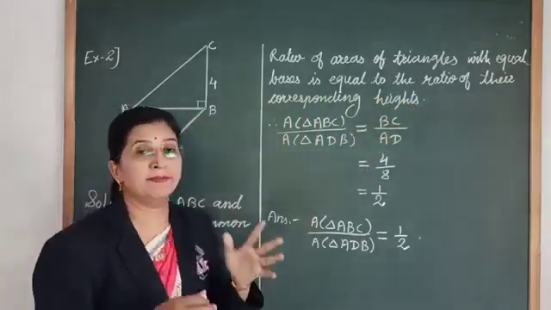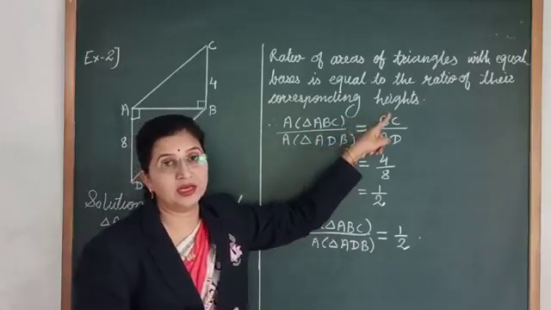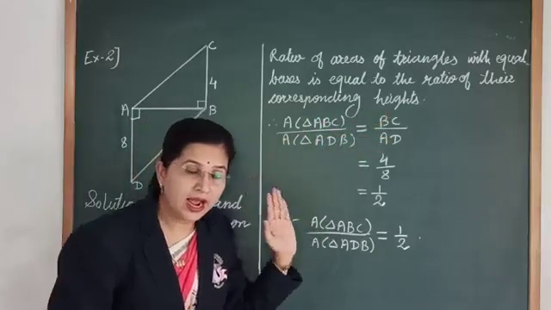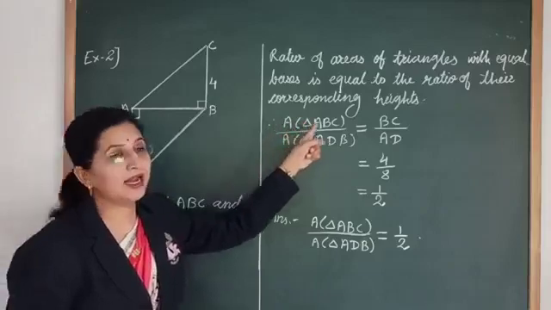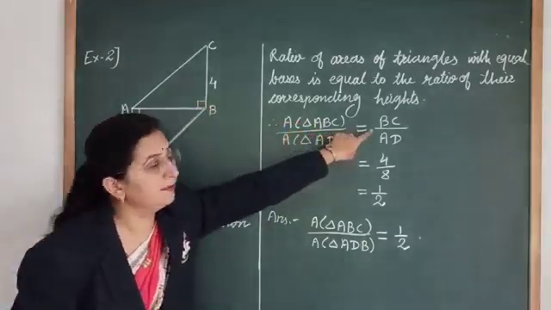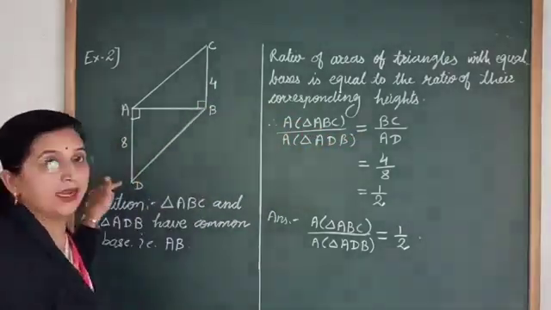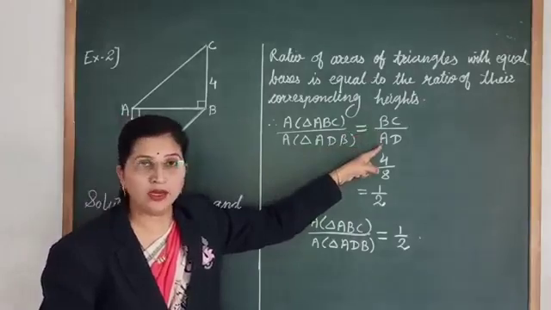So bases are equal, then the ratio of areas of triangles is equal to the ratio of their corresponding heights. So here for triangle ABC, what is its height? BC. And for triangle ADB, its height is AD. That's why BC upon AD.